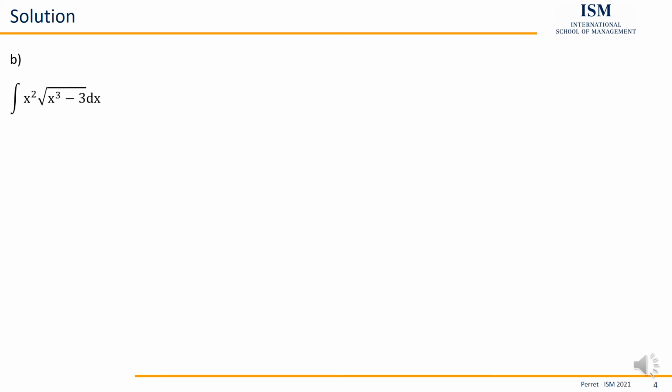In part B, this might be a bit more complicated. However, if we take a look here, the critical point clearly is the root. So to make this look easier, would be nice if we can have here a very simple root expression. Like for example, square root of u. So it would only be prudent to substitute x to the power of 3 minus 3 with u.